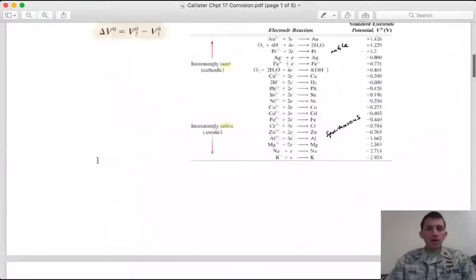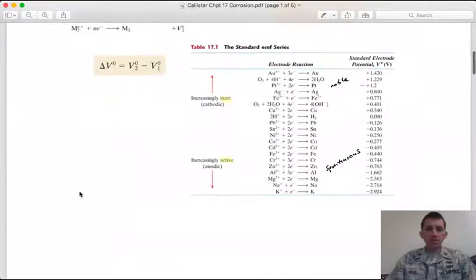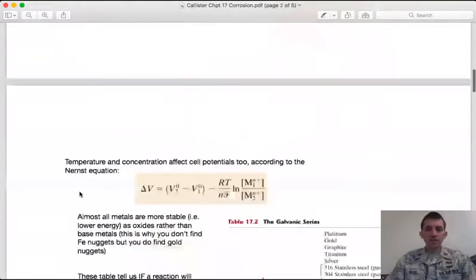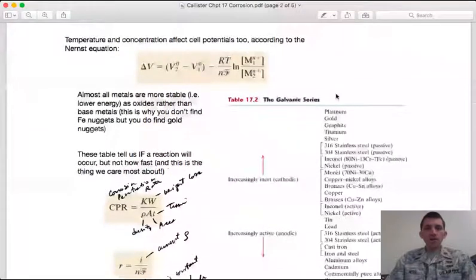And I mentioned it earlier, but I should note that the EMF series is produced under standard temperature and pressure, and also with 1 molar solutions. And if you change those conditions, then you change the potential also, right? And this is described by the Nernst equation, which is shown here. Under the conditions under which the EMF table was generated, they are setting the temperature at, I believe, 25C.